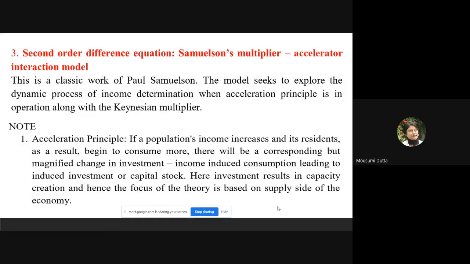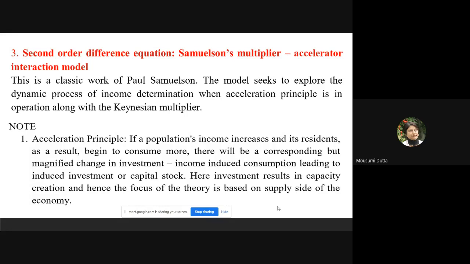So I'm starting to discuss the Samuelson's multiplier accelerator interaction model. Last day, I defined the meaning of the acceleration principle here in Samuelson's model. We have to increase the consumption expenditure, and that consumption expenditure will in turn increase the investment or capital stock in the economy.